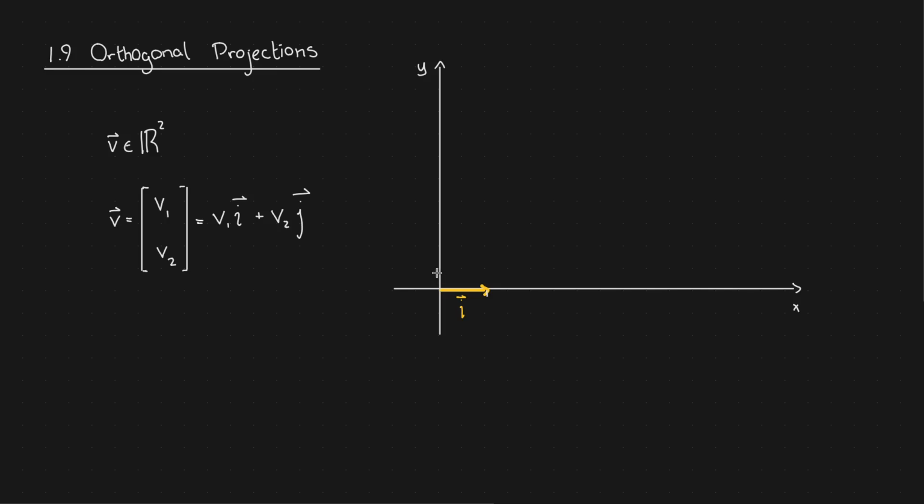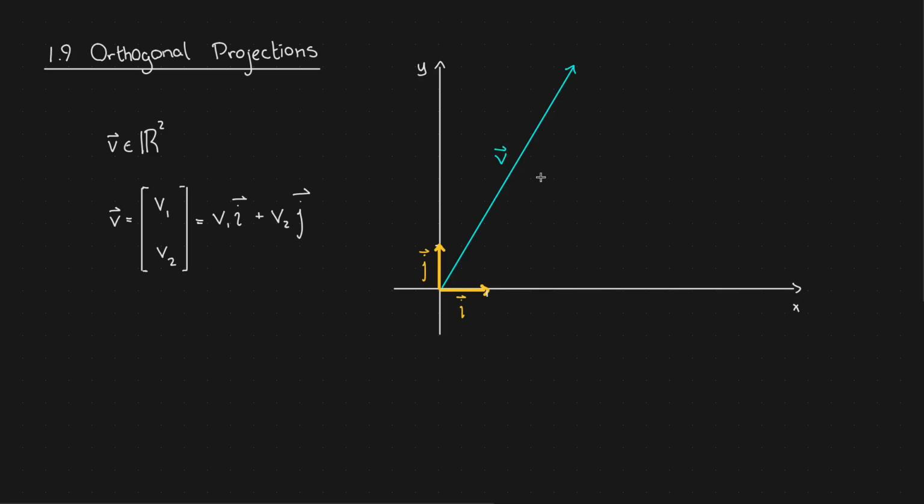And j points 1 unit in the direction of the positive y-axis. It's a unit vector pointing in the direction of the y-axis. So j goes this way. Okay? So if we have vector v, let's say this is vector v here.